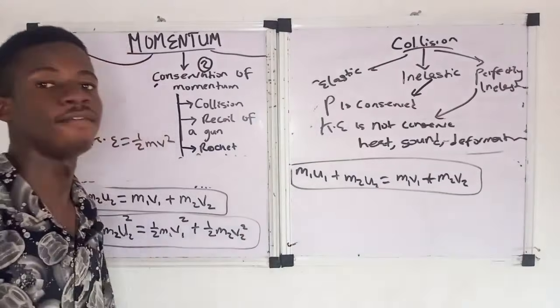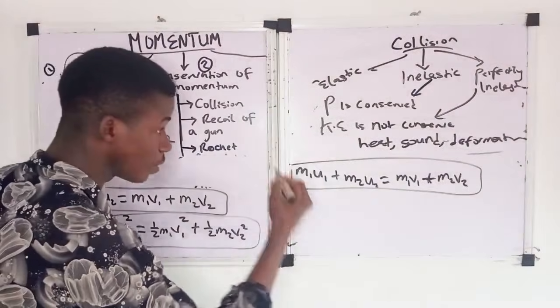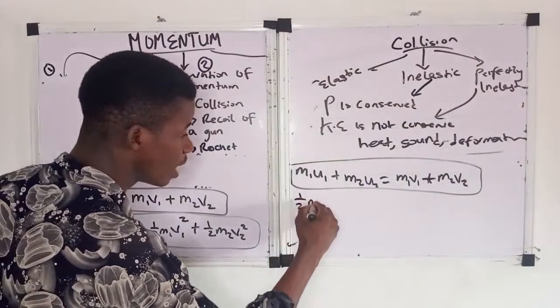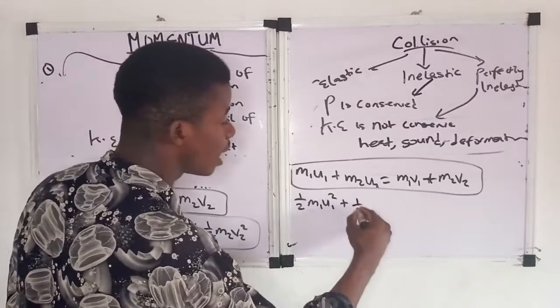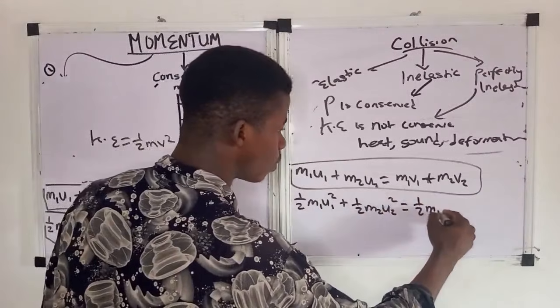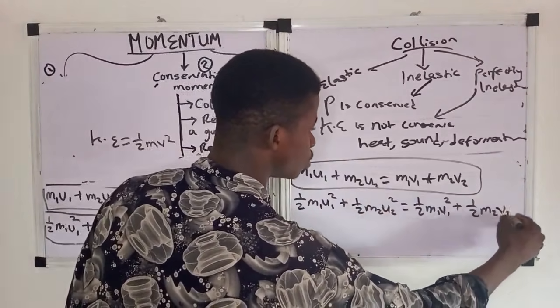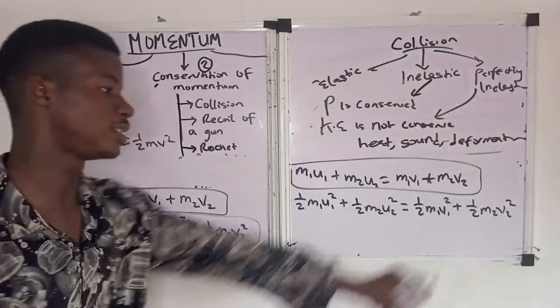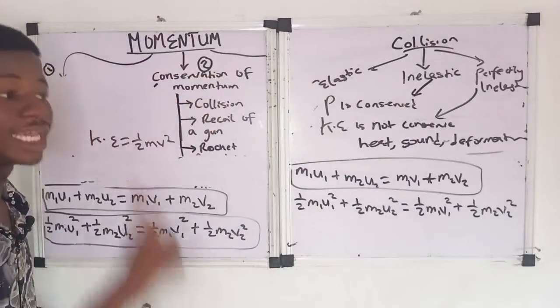Then what about the kinetic energy? Under inelastic, half m1 u1 square plus half m2 u2 square is equal to half m1 v1 square plus half m2 v2 square. Remember, v is the final velocity and u is the initial velocity. Now I'm not done yet.